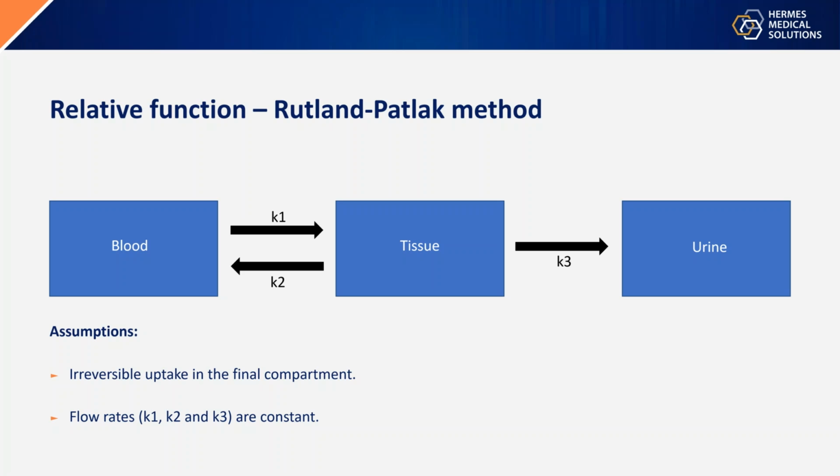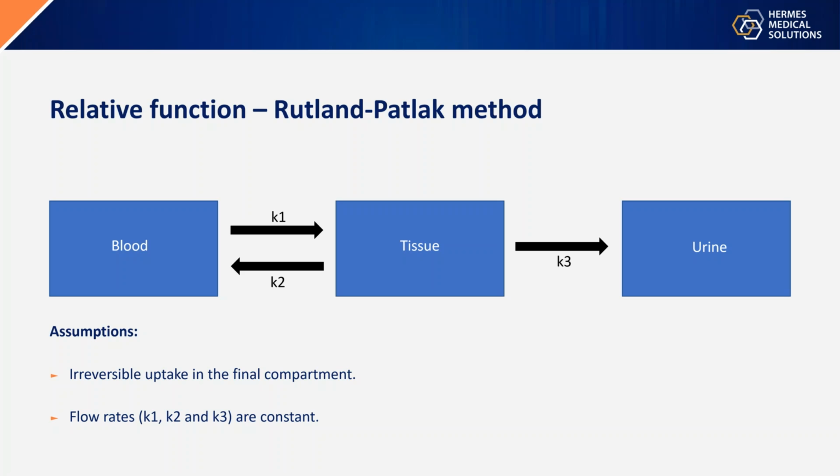The Patlak method assumes a steady state activity in the blood. We don't allow it to have the bolus shape, meaning that we can't use the first minute and a half of the renogram acquisition. But we can't use the later stages either, because then the urine compartment isn't irreversible anymore. It will start emptying down to the bladder.